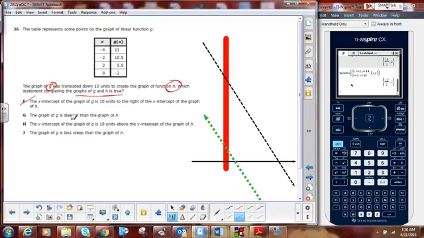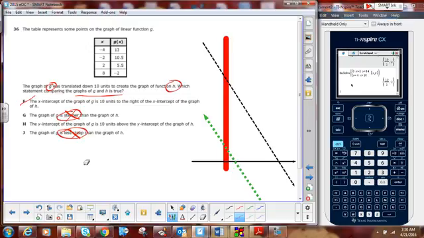The graph of G is steeper. Steeper has to do with the slope. Any statement that has the word steeper is incorrect, because both lines have the same slope, so no one is steeper than the other. Steeper means the first slope is more than the second slope.